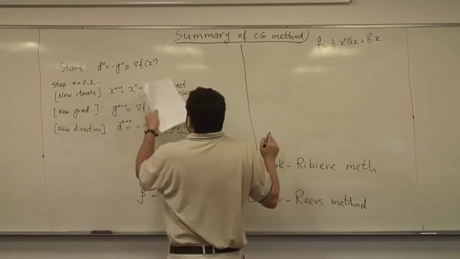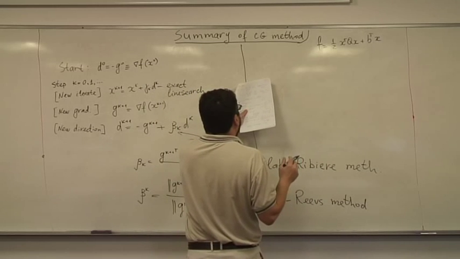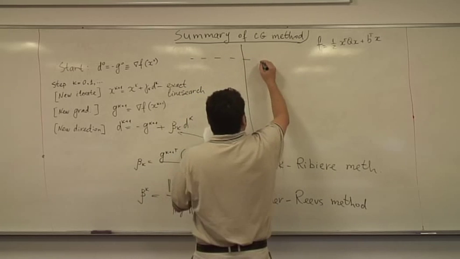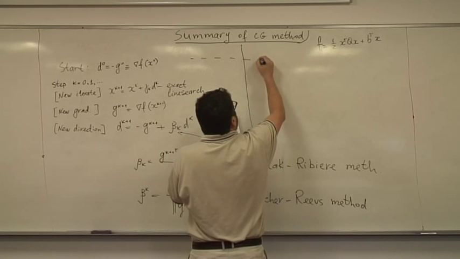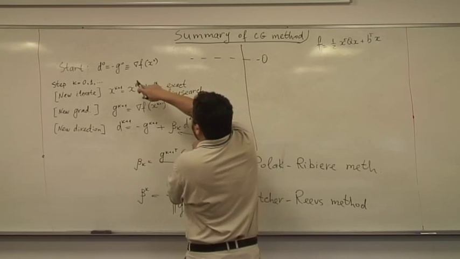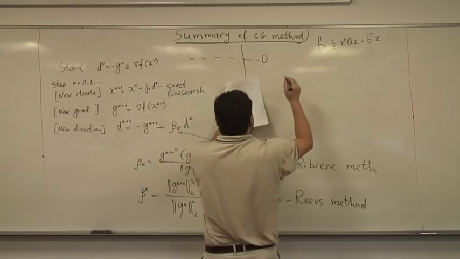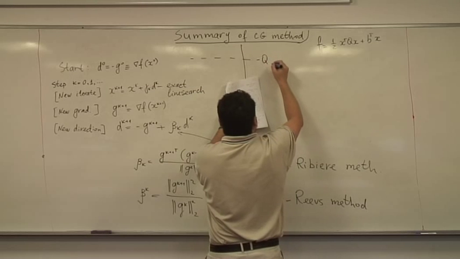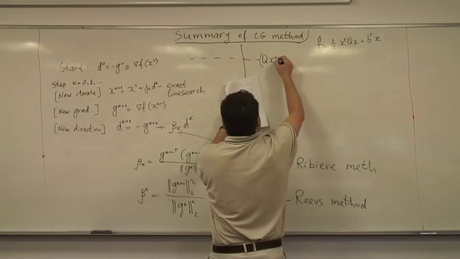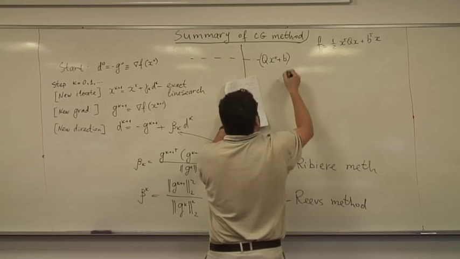What will be our g_0? It's Qx_0 plus b, and d_0 is minus g_0.